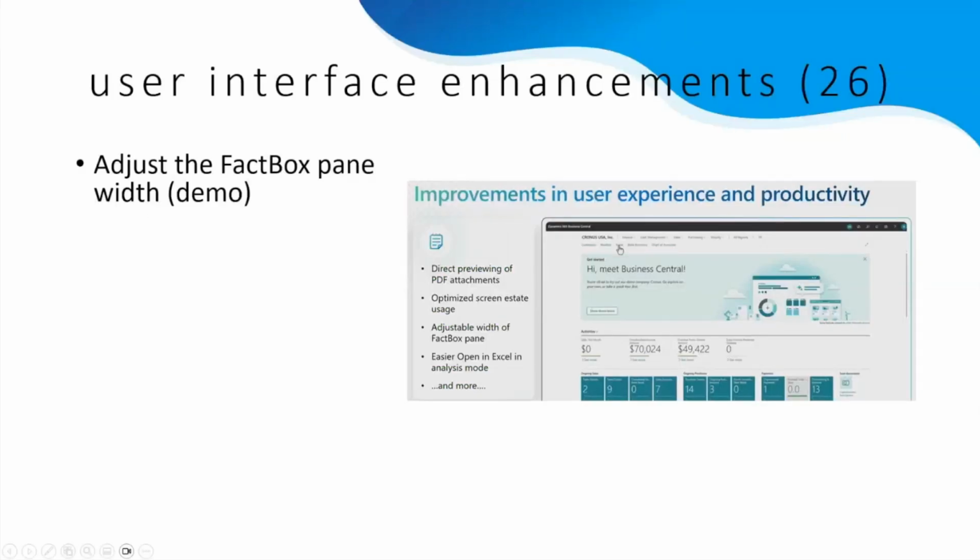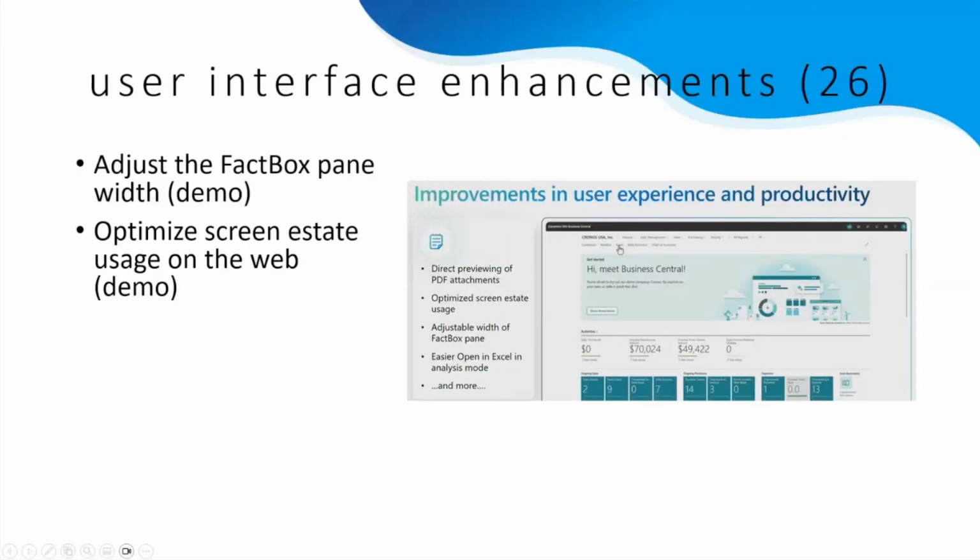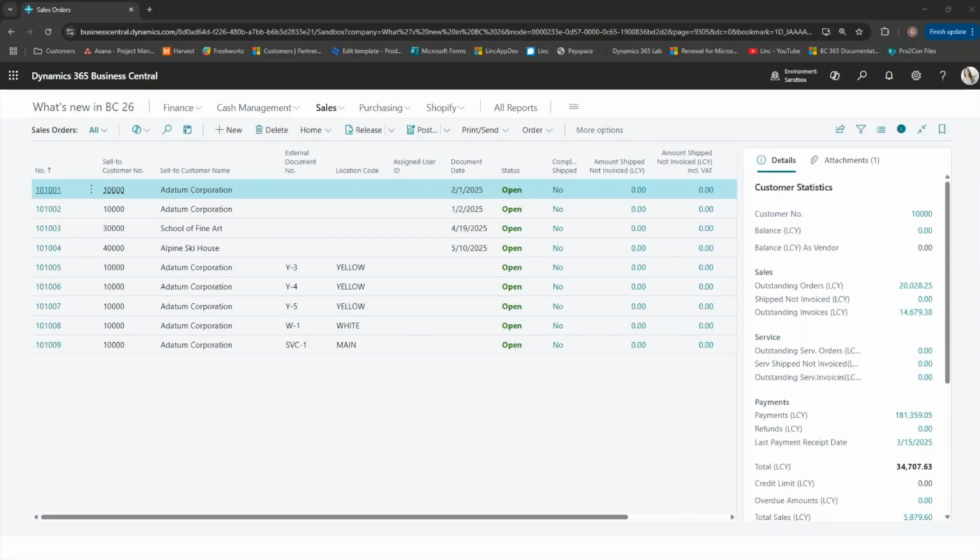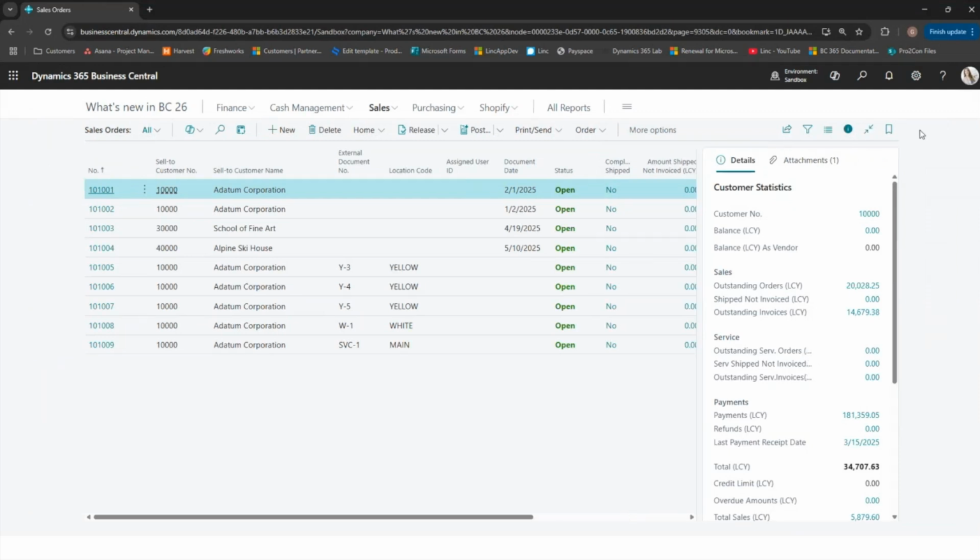Next, together with the adjustment of the fact box pane width, there's also the optimized screen usage on the web. As you know, in Edge, which is the browser that Microsoft prefers for us to run Business Central in, or in Chrome, when you expand your screen, for example, if you use the width of the wide layout, Microsoft has also enhanced this for a better experience.